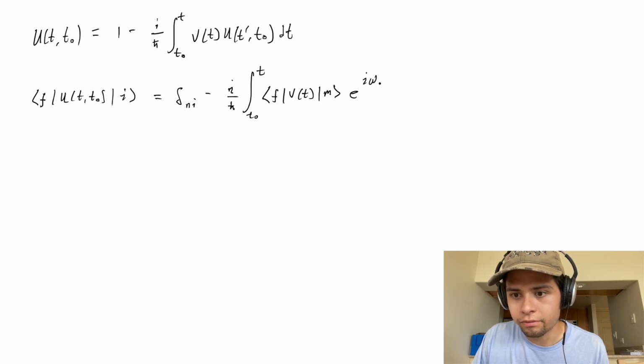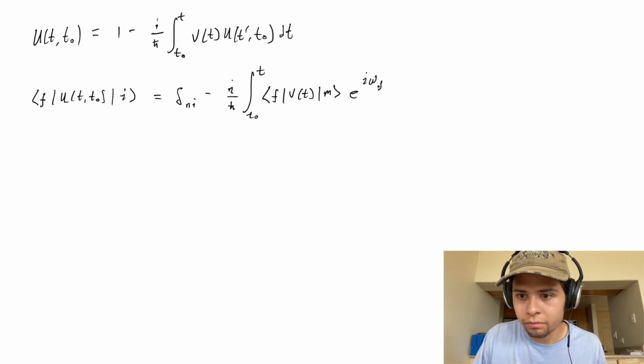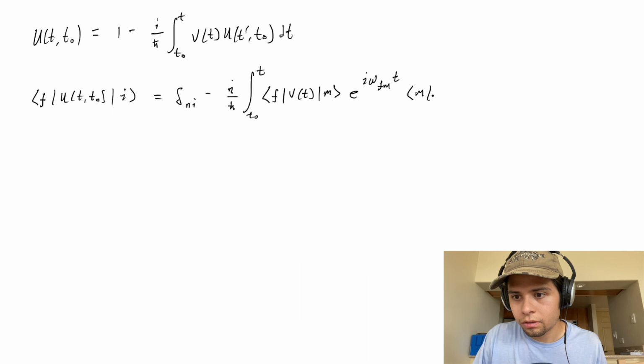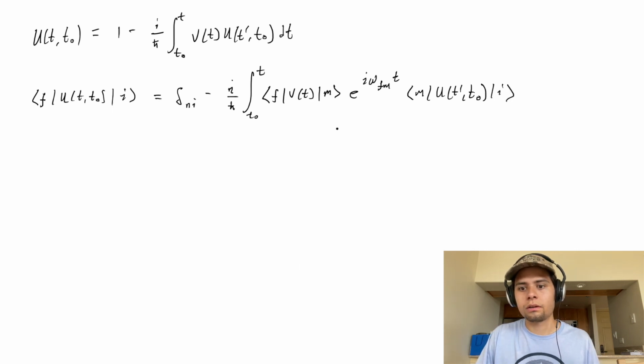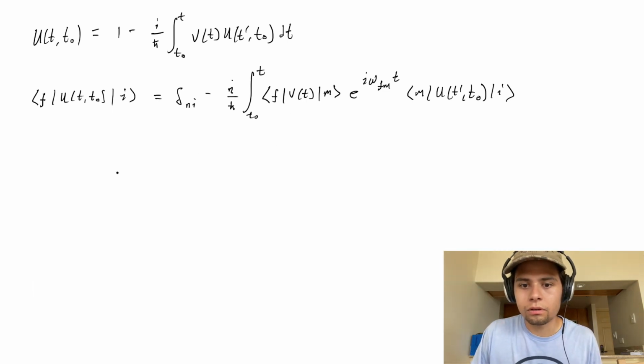So we have this should be NM or FM T, and then we have our M here, U of T naught initial state, like that. Since these are all just coefficients, we can bring this out of the integral.